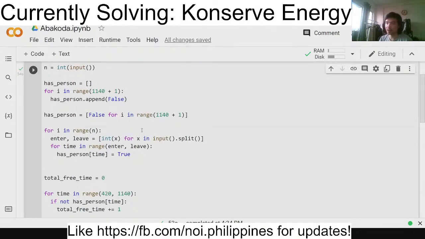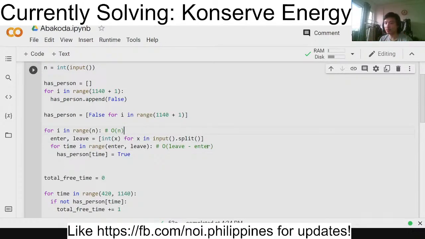Okay, so this part, this loop in here, how long does it take? You spend exactly leave minus enter amount of time running this loop. And then out here, you have n, right?